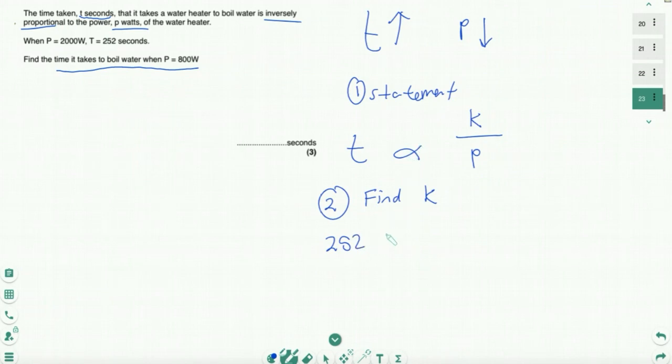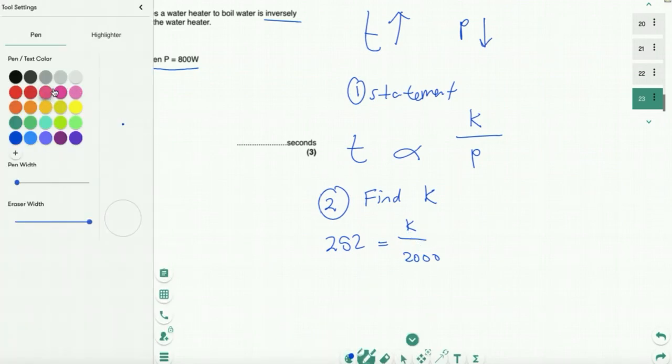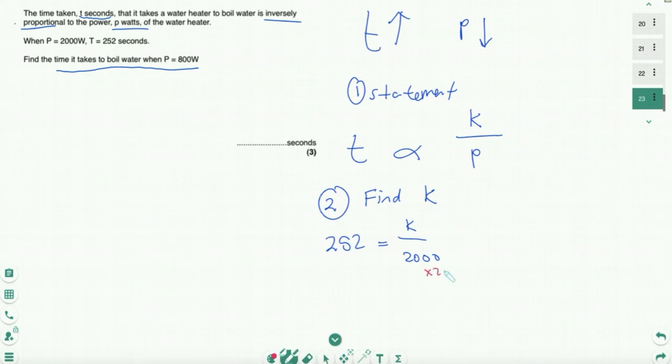We can replace the proportion sign with equals k over p. P is 2,000. Now we have to solve for k. Well, k is being divided by 2,000, so to get rid of that divide by 2,000, we can multiply both sides by 2,000. So what's that going to be? $504,000 is equal to, well, divide and times cancel out, k.